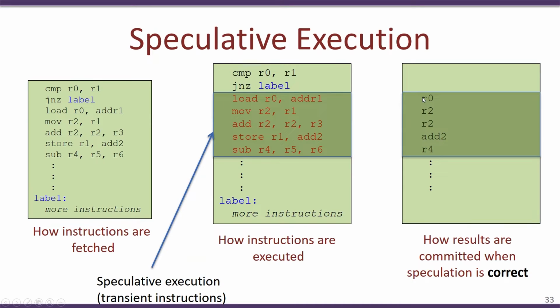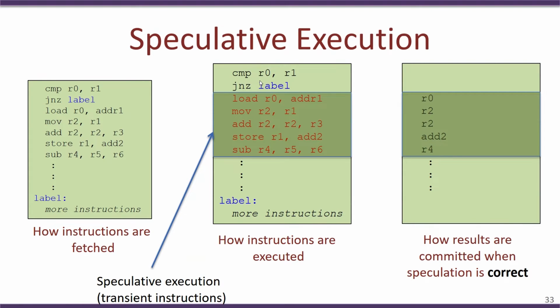The results corresponding to the various registers R0, R2, address 2 and R4 would be committed. So what we achieve here is that even before completing the execution of this compare and jump on no zero instructions, the processor could have speculatively executed these instructions and then commit them only when the result of compare and jump on no zero is obtained.